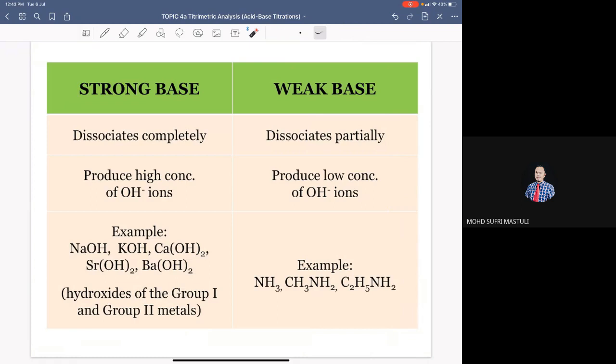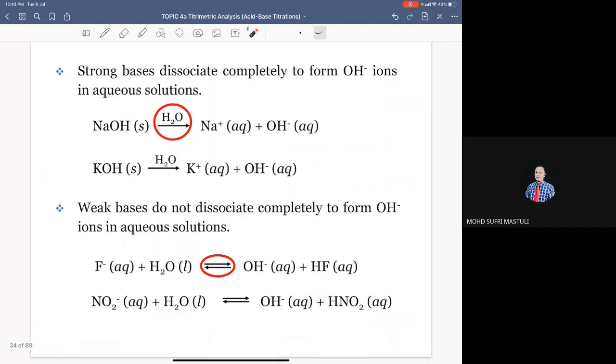So this is the example of a strong base. Normally it's a hydroxide of a group 1 or group 2 metal. For the weak base, similar to the weak acid, it dissociates partially. It produces a low concentration of OH minus. So these are a few examples of weak base: ammonia, ethylamine.